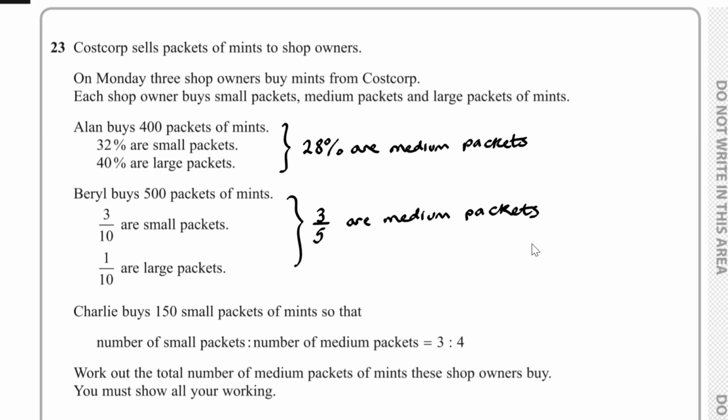And if we consider what we have over here, we know that small to medium, he has 150 small, so therefore the number of medium, well, to go from 3 to 150, we multiply by 50, so 4 times 50, that's 200. So therefore, he has 200 medium.